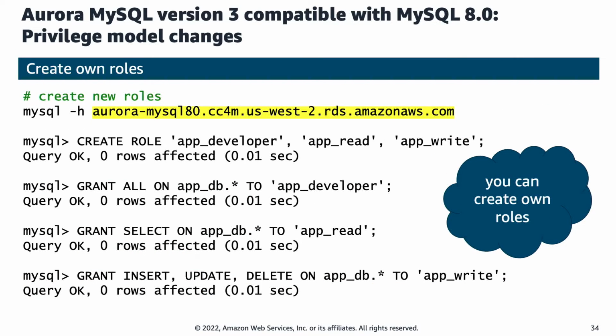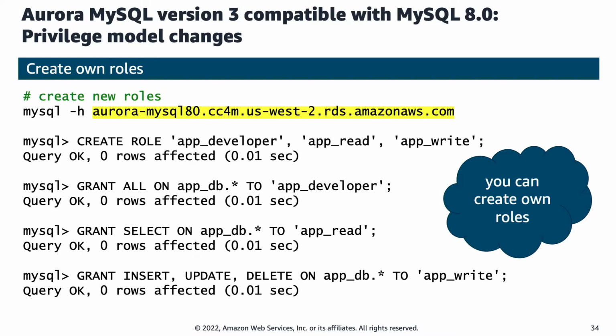Now roles. One of the common asks by the customer is, can we use roles? So now you can. You can create your role. This example is from the MySQL Community Edition help page, right?